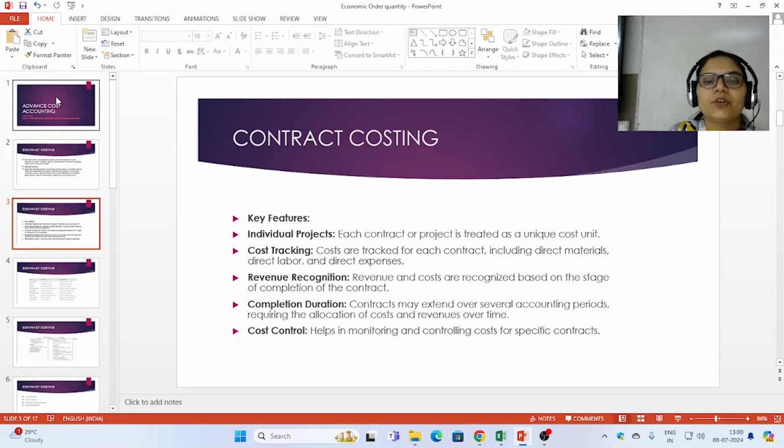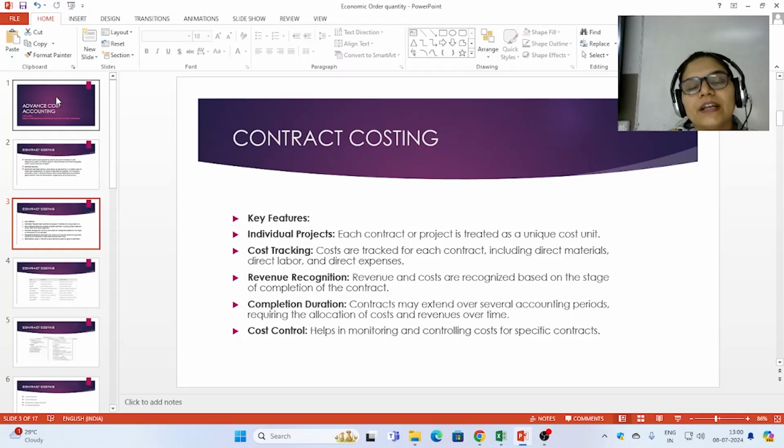Completion duration: contracts may extend over several accounting periods, requiring the allocation of cost and revenue over time. Cost control helps in monitoring and controlling costs for specific contracts. The contract is completed as per the instructions of the contractee, and due consideration is given to the size, color, structure, and design as desired by the contractee.